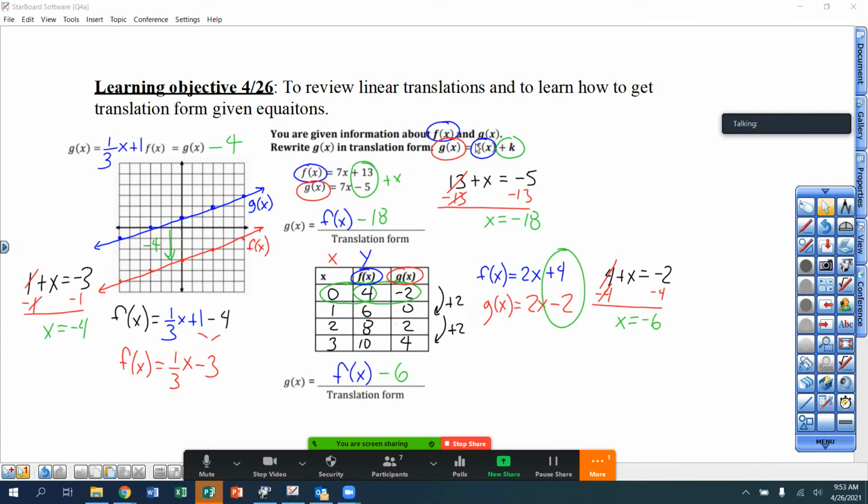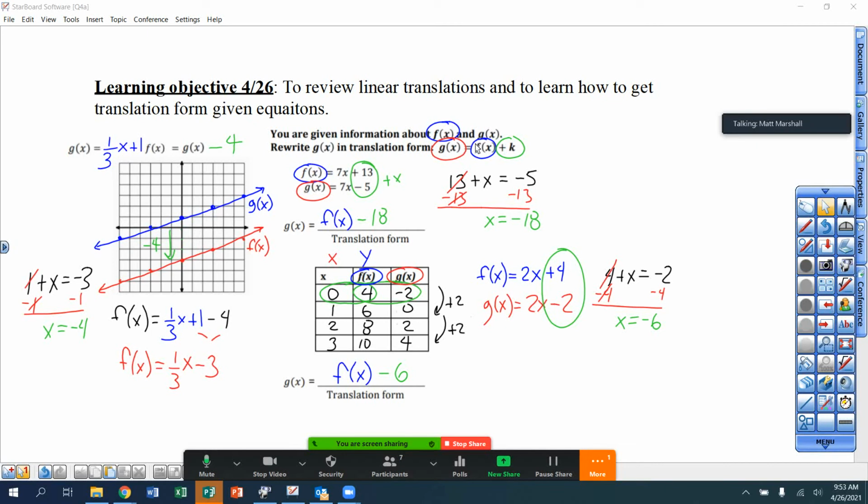At 0, f(x) is the y-intercept. Good job. Yeah, because this is the coordinate 0, 4 technically. This is the coordinate 0 for x, negative 2. It's kind of tricky that this is the x coordinate that goes with these: 0, 4, 1, 6, 2, 8, 3, 10. But the other set of coordinates, 0, negative 2, 1, 0, 2, 2. Tricky how they do that.